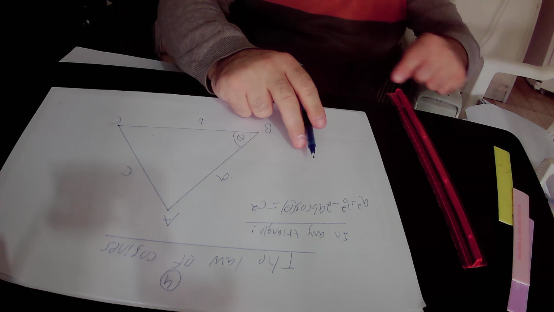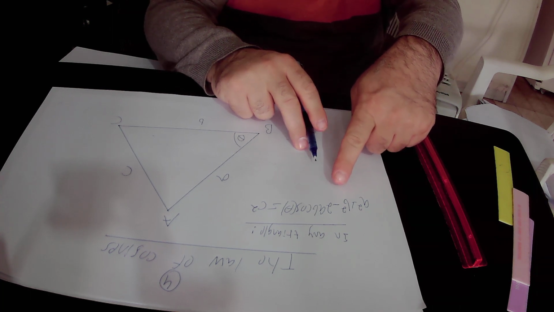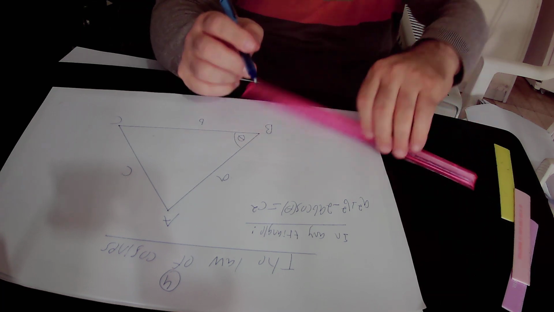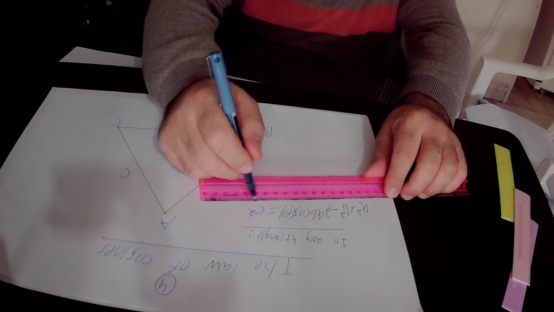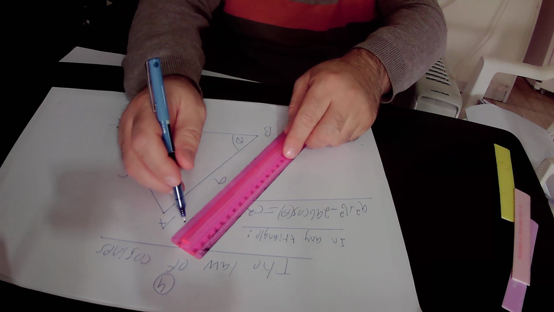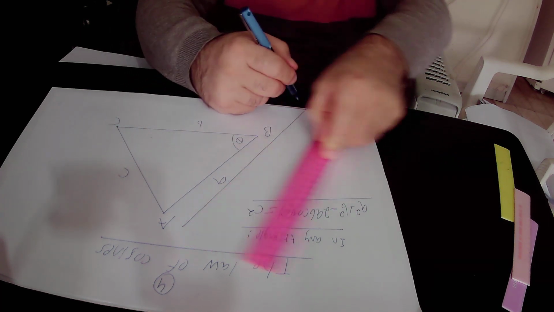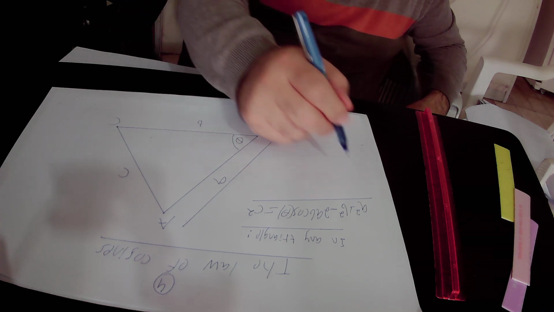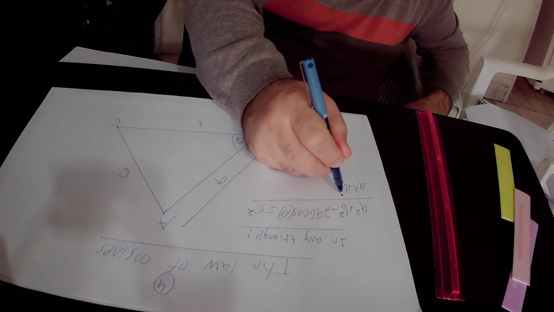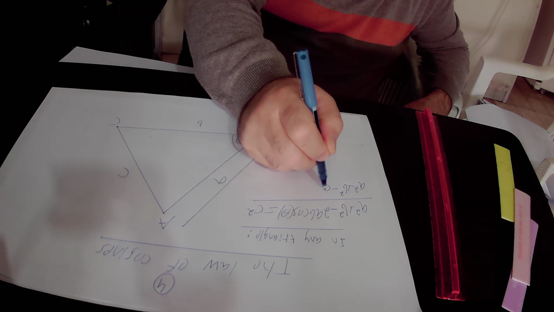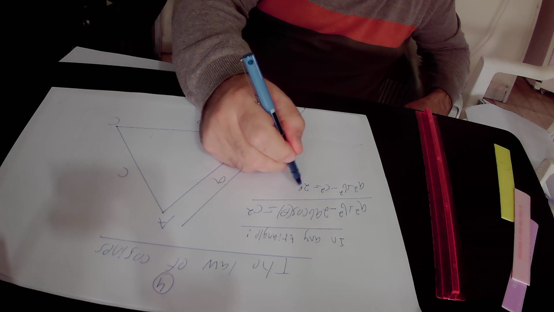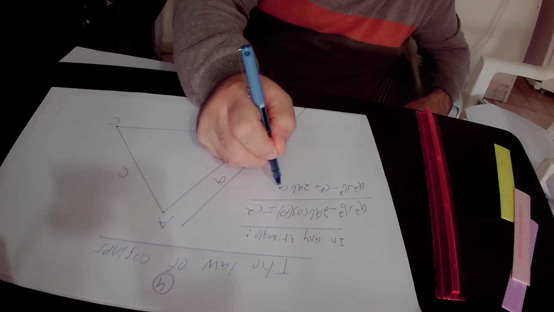Here we will subtract C squared and also add 2AB cosine theta to this equation. And we will get that A squared plus B squared minus C squared equals 2 times AB cosine theta.